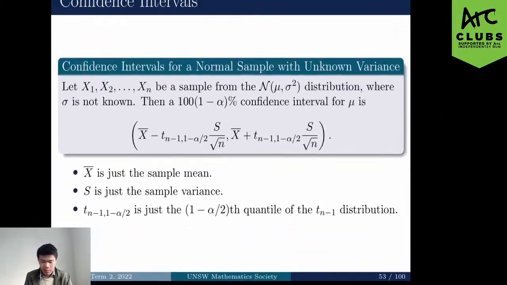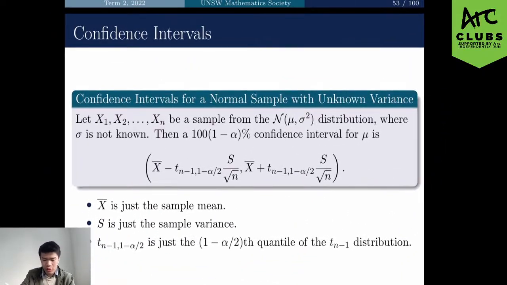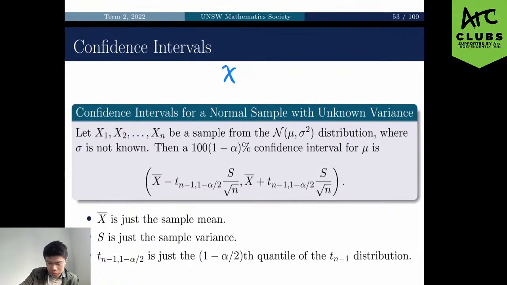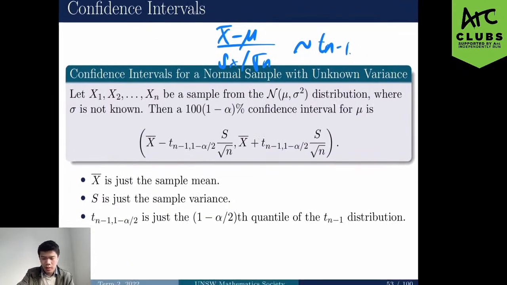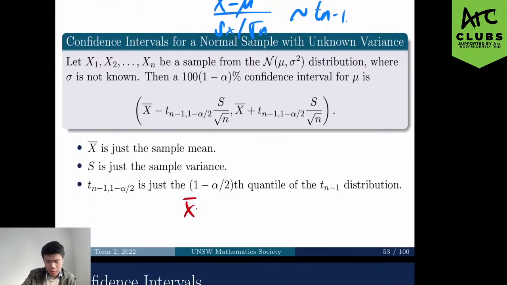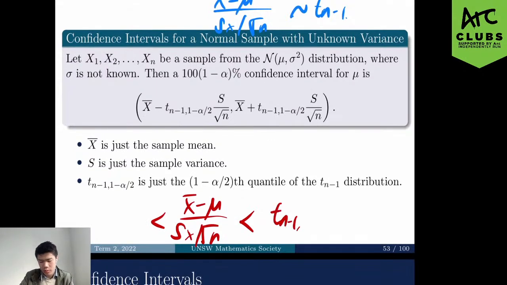It's the same thing, except because we know that this thing over here follows t n minus 1, you can probably sense we use the same method, right? We said x bar minus mu on s on root n lies between the two quantiles, so t n minus 1, 1 minus alpha on 2.